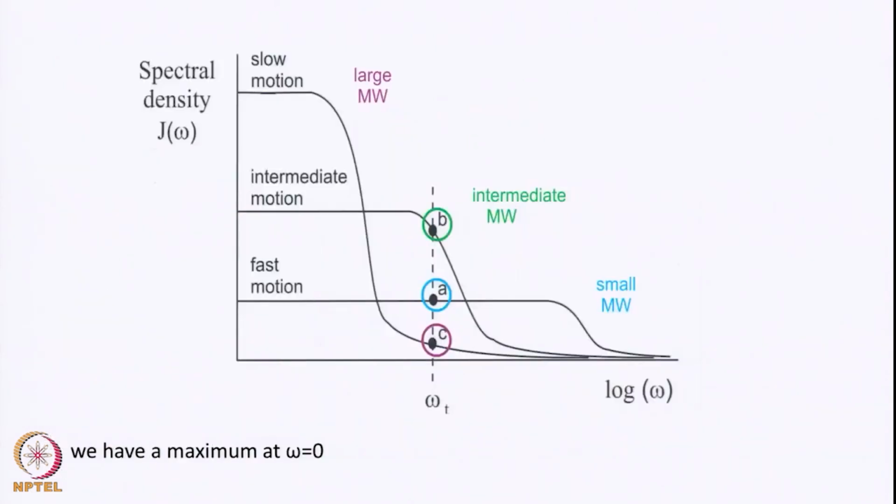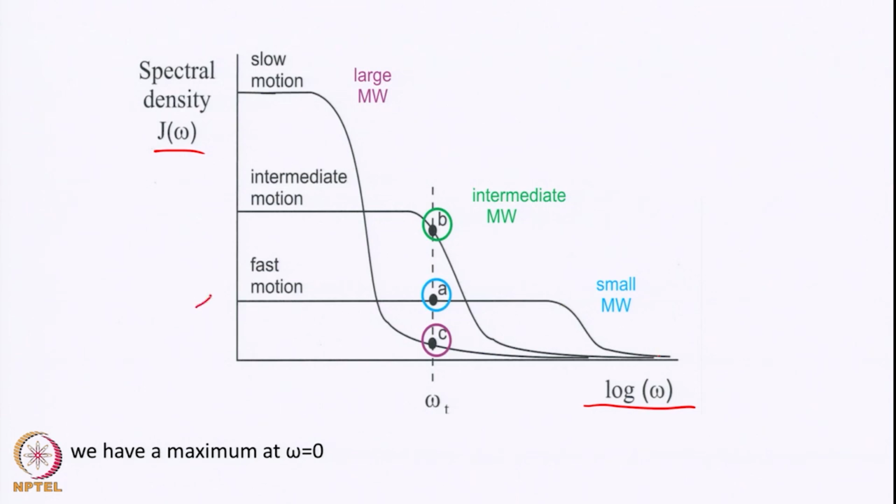Now, that has been calculated and plotted: spectral density, that is J omega, versus log of omega, which is the frequency. One can see that a large molecule has a slow motion, and that is how the spectral density will be plotted like this. It decreases fast. For an intermediate motion, which is for an intermediate molecule, you have a decrease which is relatively slow, and for a fast motion, for a small molecule, you have quite a broad range of J omega.